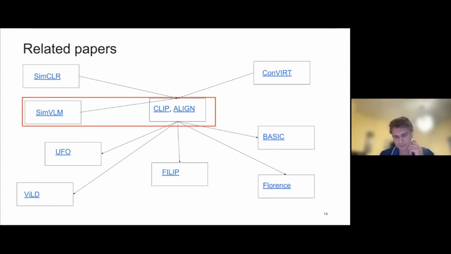And Filip, BASIC and Florence are the most recent works, actually from November this year. Florence is a way to create a multitask model for computer vision that could be applied to many computer vision problems. And Filip is a fine-tuned approach to training large visual language models.